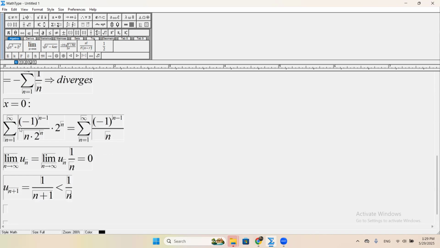So this series converges according to the Leibniz test, but it converges conditionally. It is enough for this numeric series to converge conditionally.